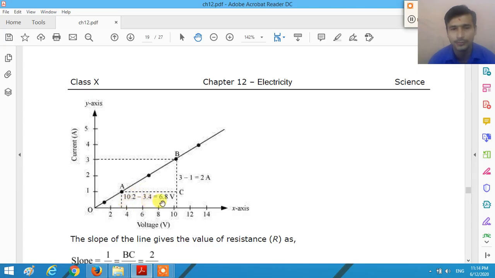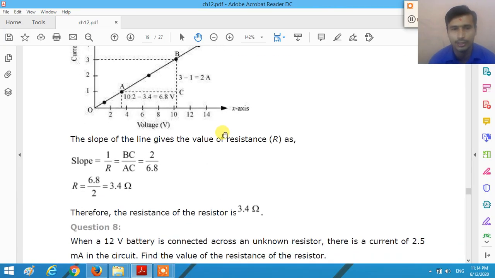So the difference is 6.8 volt, and corresponding currents: at a voltage 10.2 the current is 3 ampere and at a voltage 3.4 the current is 1 ampere. So the difference of the electric current is 2 ampere. So by dividing the voltage difference by the current difference, 6.8 divided by 2, we get the value of the resistance, right? So the resistance of the resistor is 3.4 ohm.